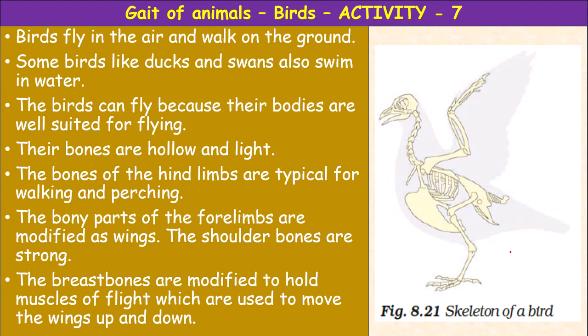By flapping the wings, these birds fly in the air. Its body, its structure, its bones, feathers, forelimbs modified into wings, these are all the modifications observed in the birds which help them to fly in the air.